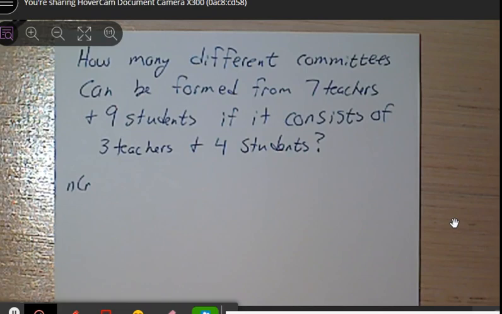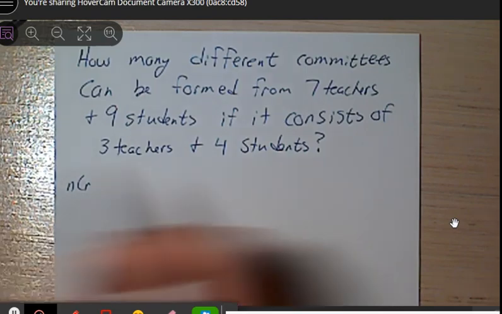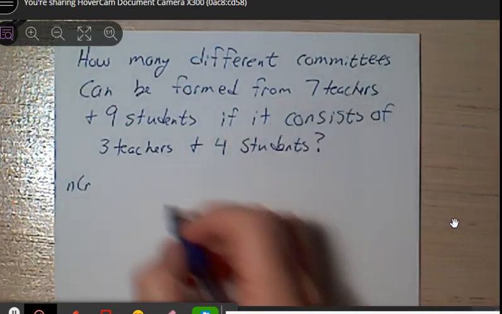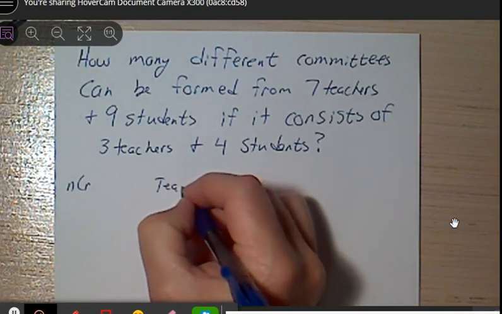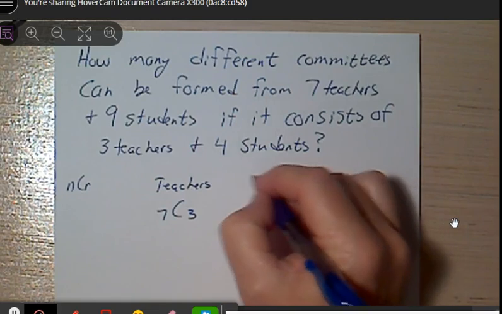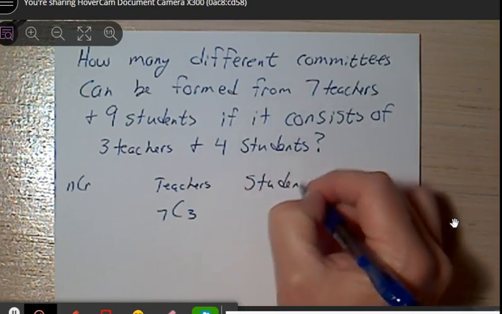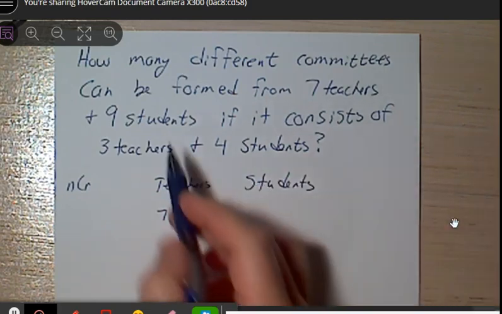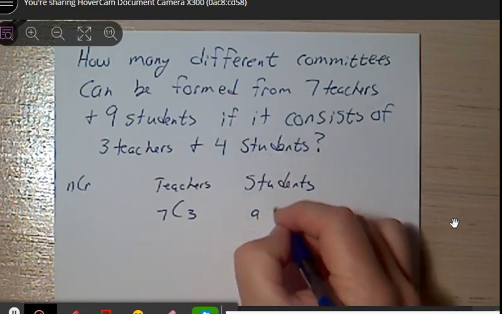For this one, though, you've got 2 different sets because you have 7 teachers and you're going to pick 3. And then you also have the students: we have 9 students and we're going to pick 4.